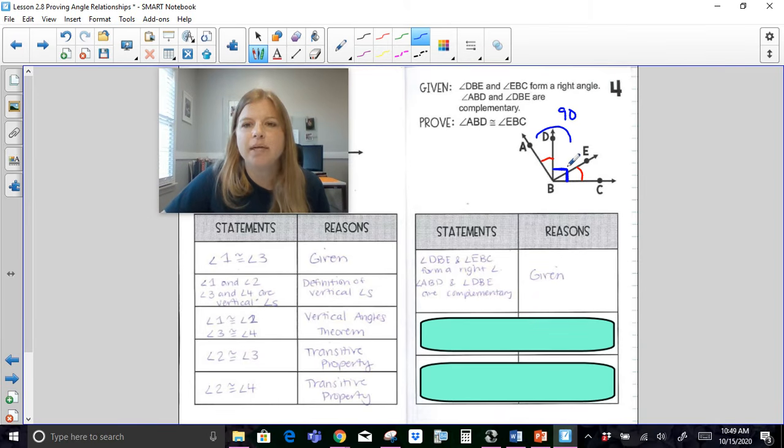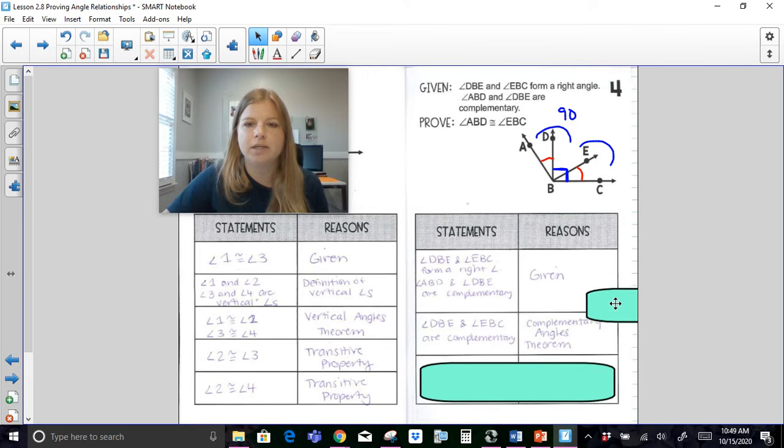And I'm told that these two angles here form a right angle. So if these two angles form a right angle, I'm going to be able to say that these two angles are also complementary to each other. And then if they are complementary, I'm going to be able to say that this angle and this angle have to be congruent to each other because they're complementary to this same middle angle here. So I'm going to use the first part about them forming a right angle, and I'm going to say that those two angles are complementary.